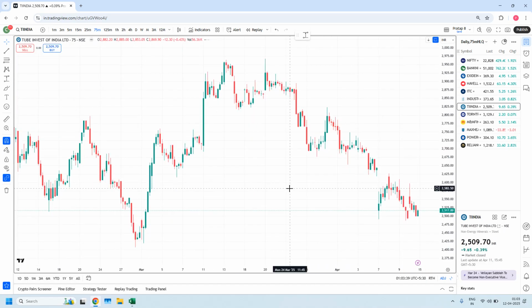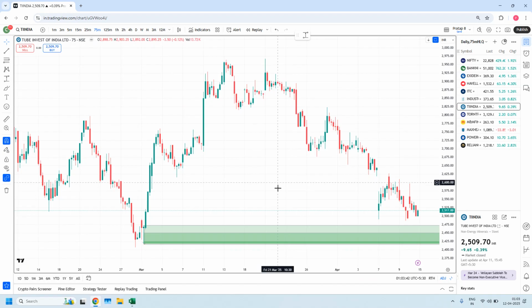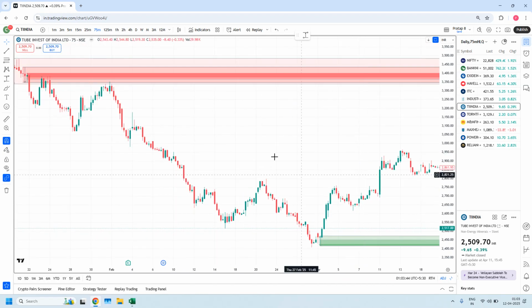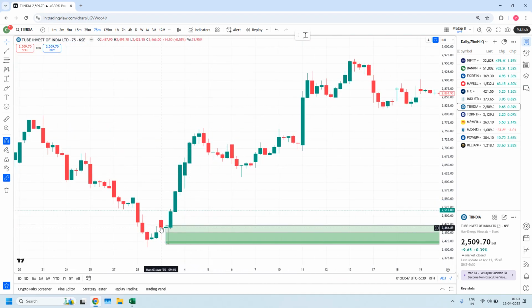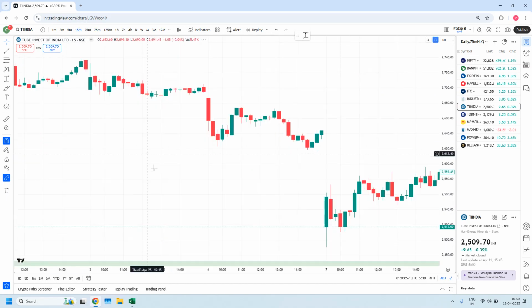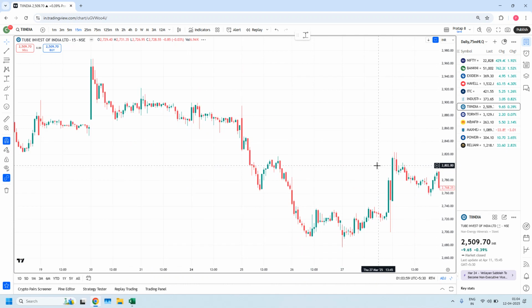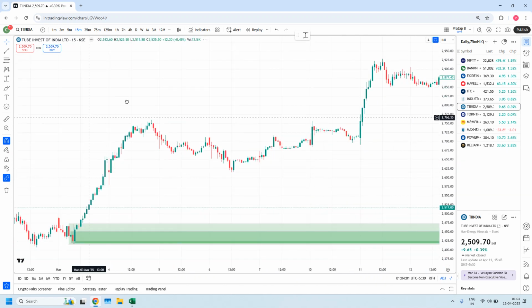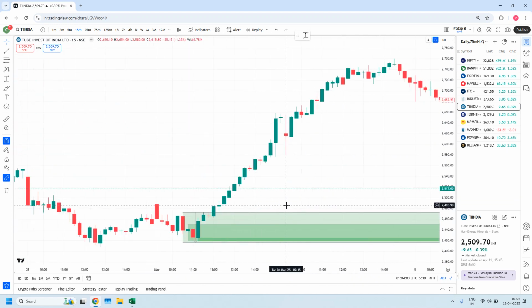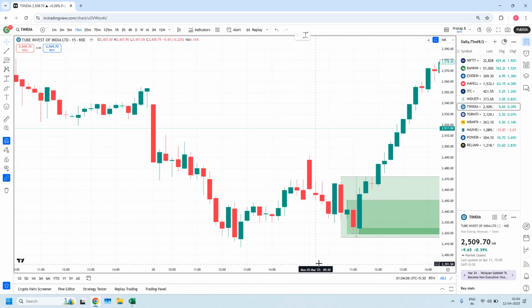Next one is TI India. This is a 75 minute zone. This is also drop base rally. Our software identified this zone, actually as a failed ERC. This is base rally and a 15 minute zone. Drop, base, another medium size candle, part of the base, and rally candle.